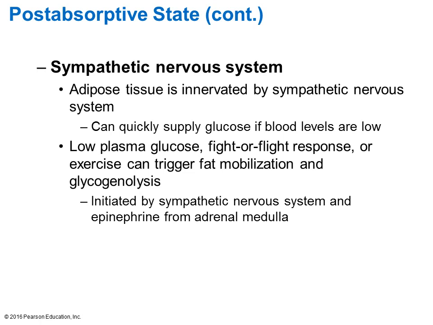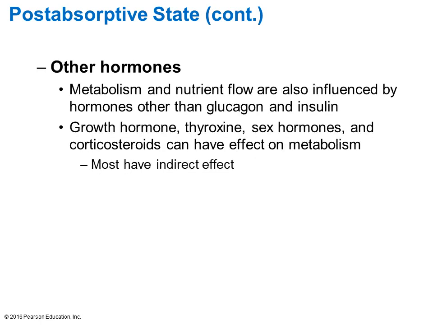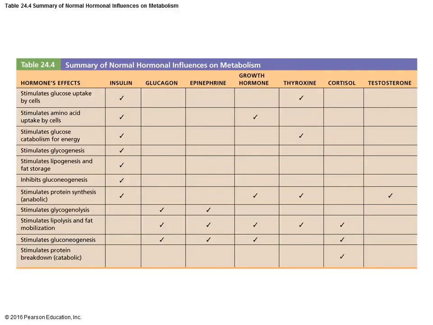This sometimes happens when glucose levels drop suddenly. It happens during the fight or flight response or during exercise. Other hormones such as growth hormone, as I said earlier, can have an indirect effect as well. So this shows some of the different hormones, what the effect is on the overall metabolism.